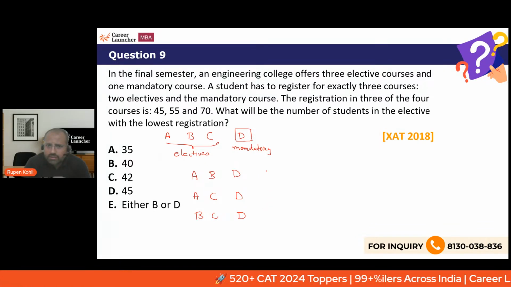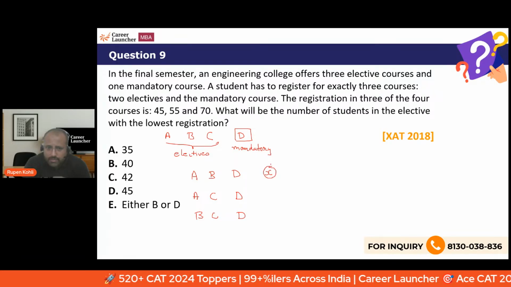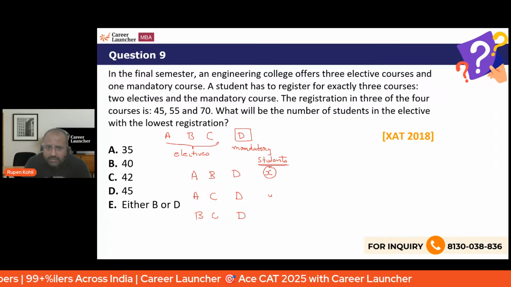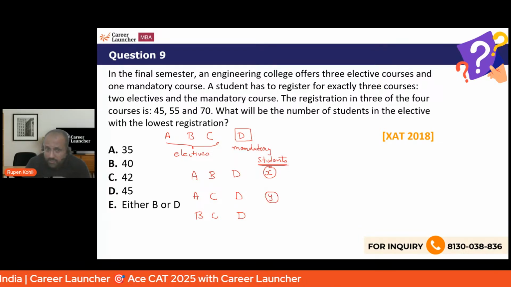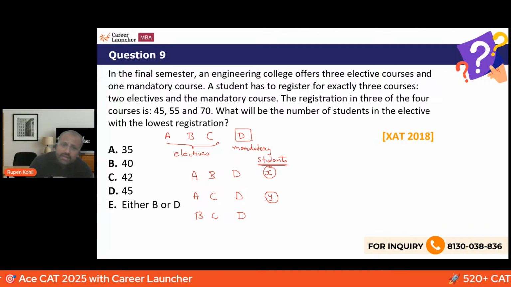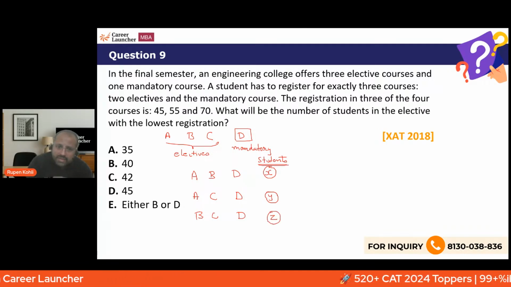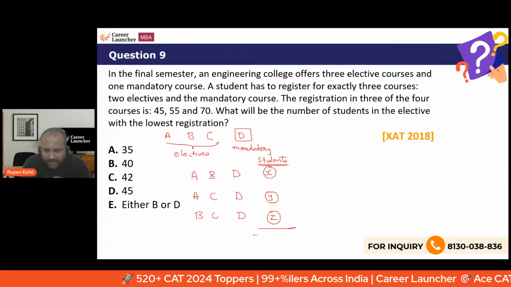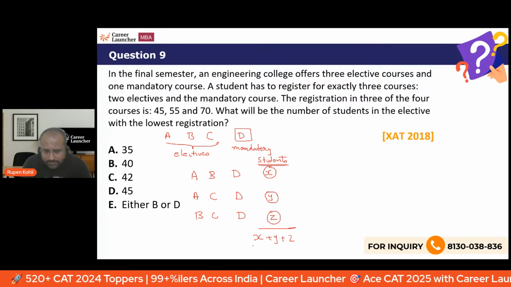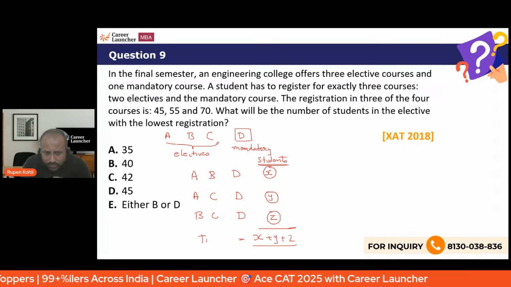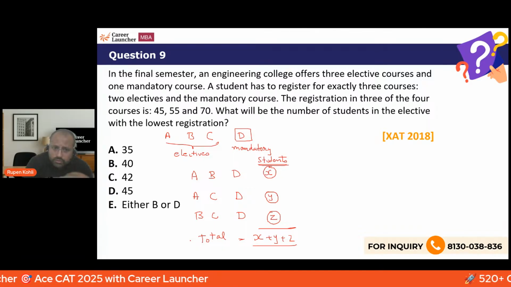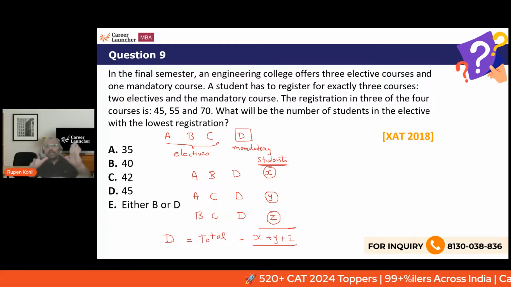Let's just call these students X in number who join the electives A and B along with D. Let's say there are Y students who join the electives A and C with D, and Z over here who join B and C electives with D. So it is very clear and obvious that X plus Y plus Z represents the total number of students, and since all the students must join the mandatory course, this also represents the number of students who have joined the course D. Right? Makes sense.